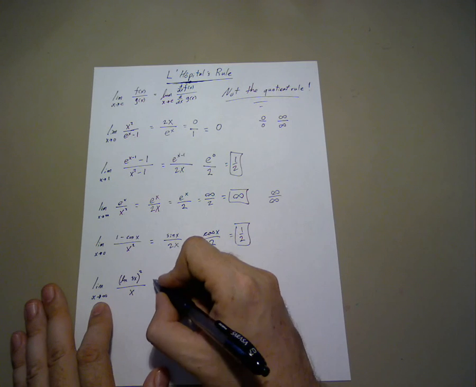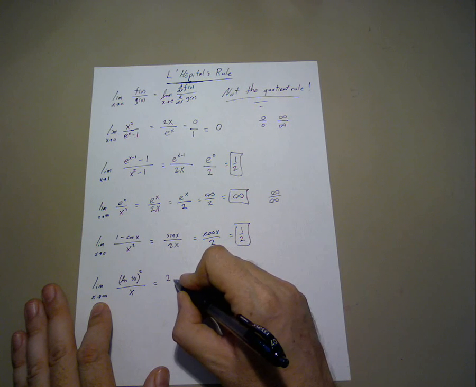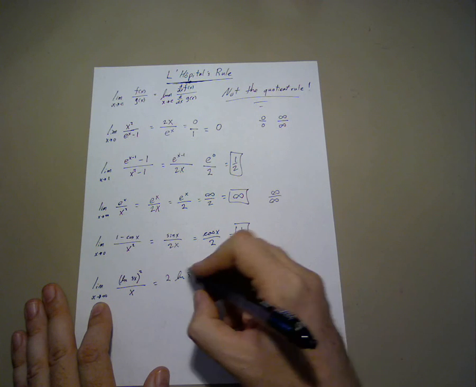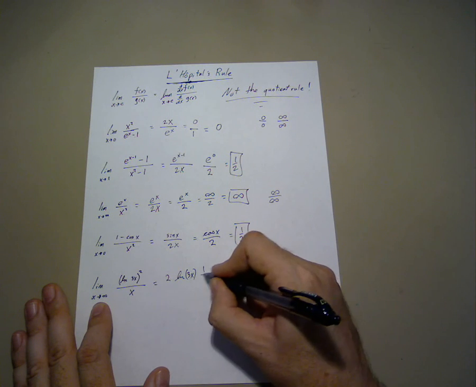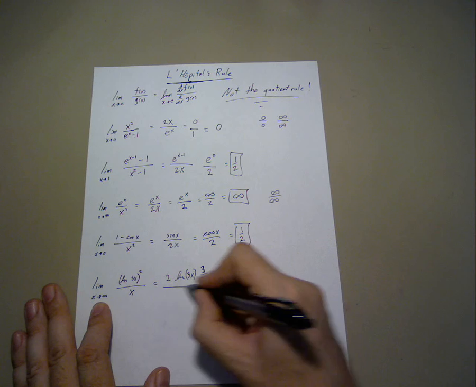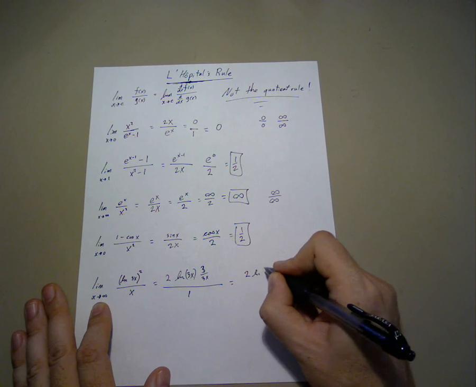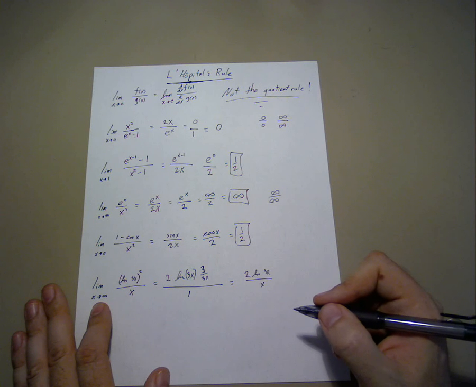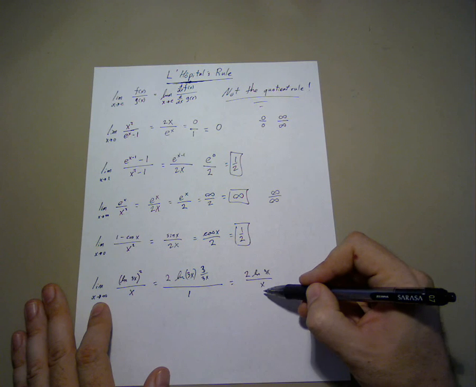So we will take the derivative and get 2 ln 3x times the derivative of the inside, which becomes 1 over 3x times 3 over 1, which is simply the same as 2 ln 3x over x, which is very similar to what we had before. Once again, we have an infinity over infinity form.